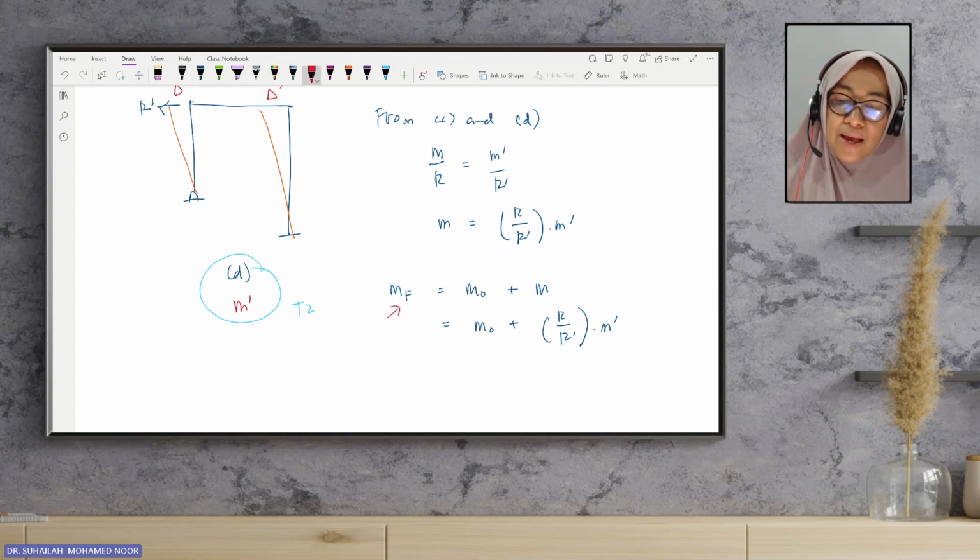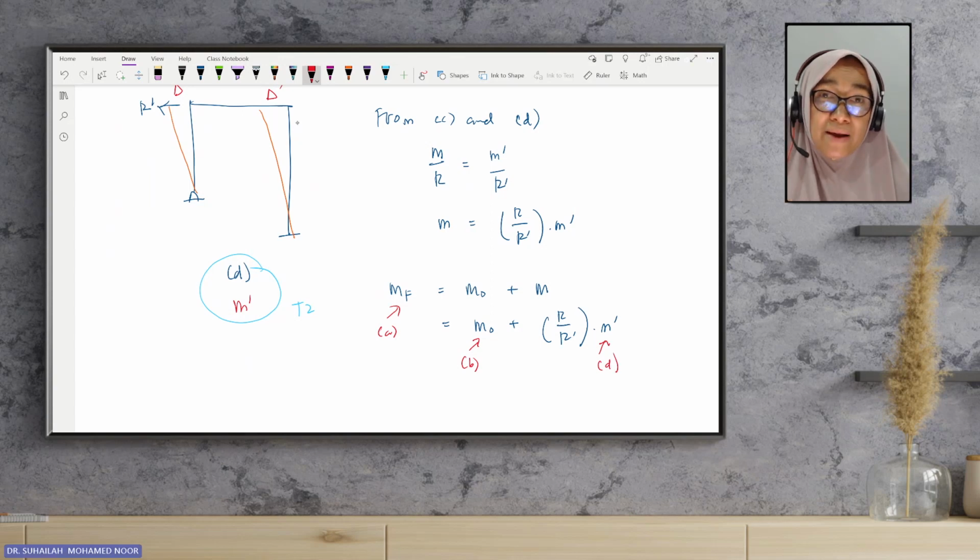So what is M prime? This is A, this is M naught, this is B, and M prime is from diagram D. So this is the concept of the principle of superposition.